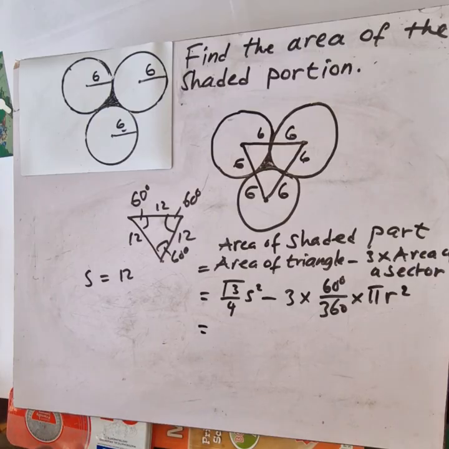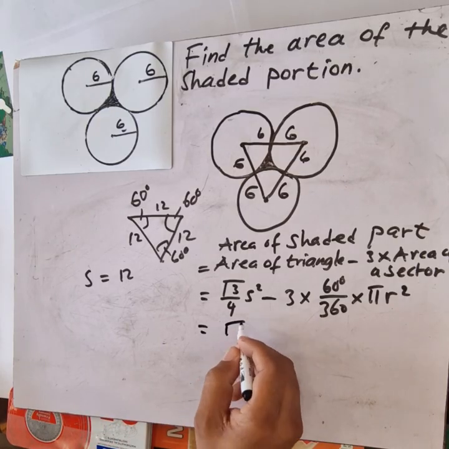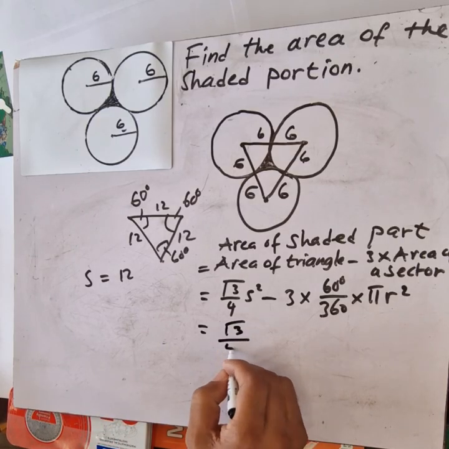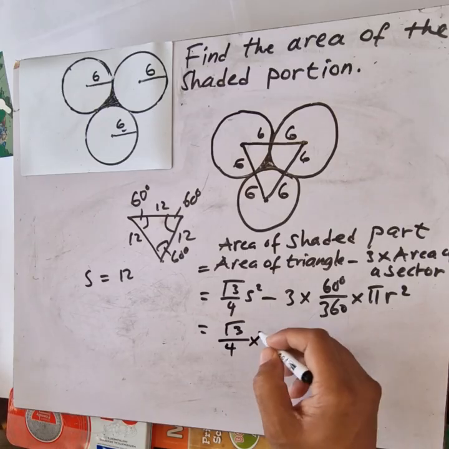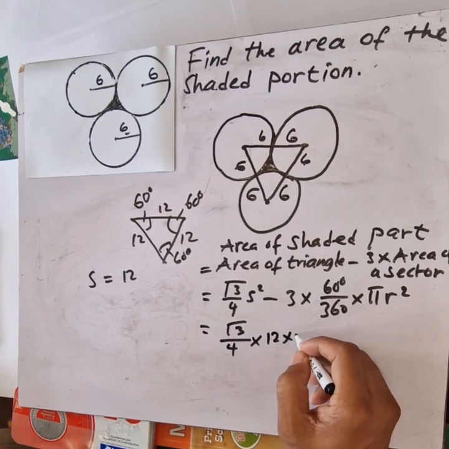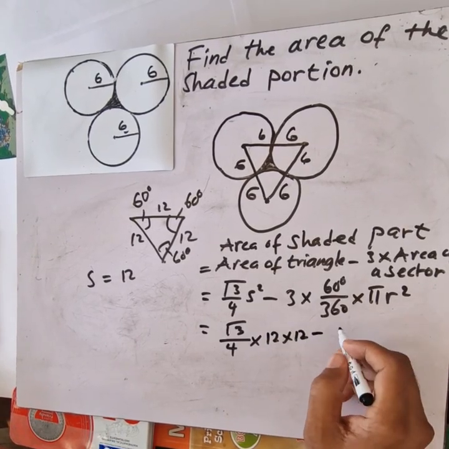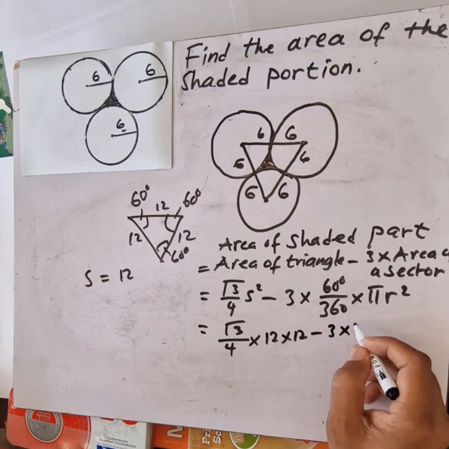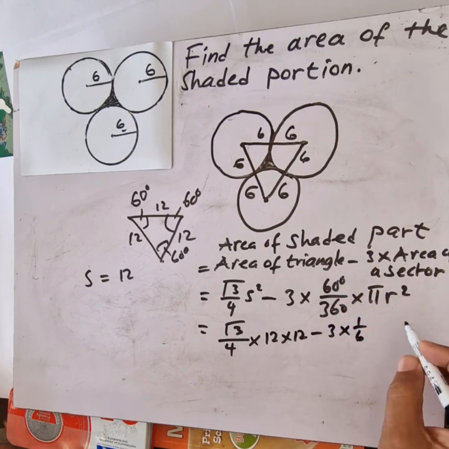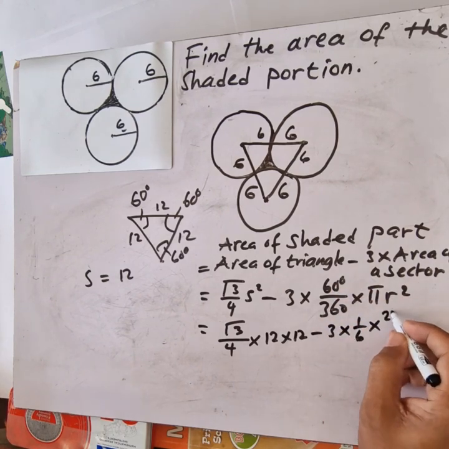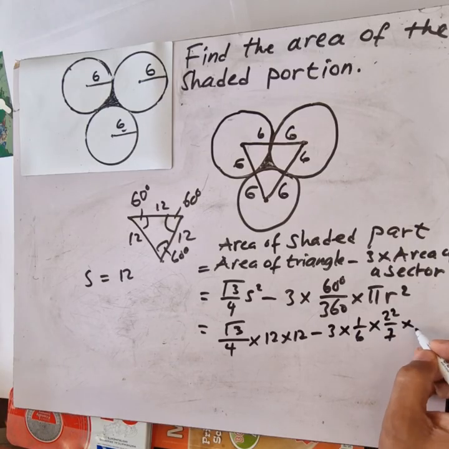So here we have root 3 over 4 times 12 times 12 minus 3 times 1 on 6, times 22 on 7 times 6 times 6.